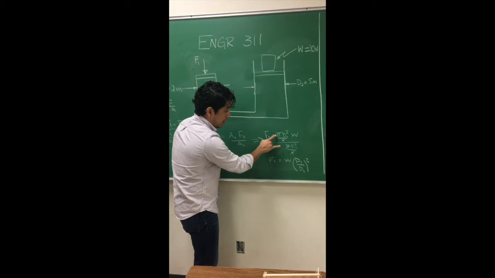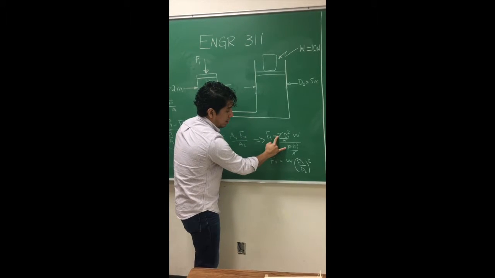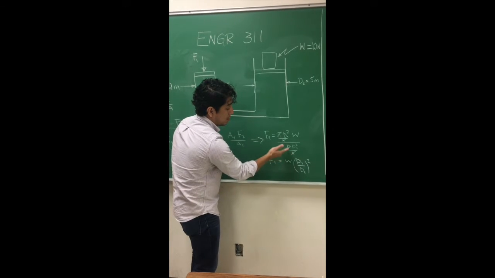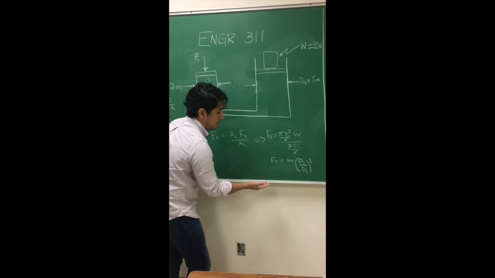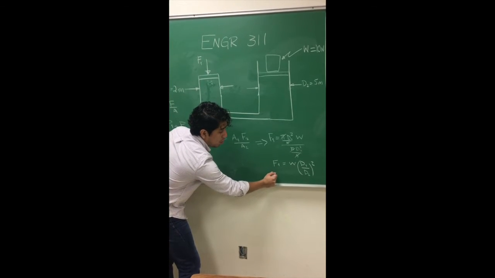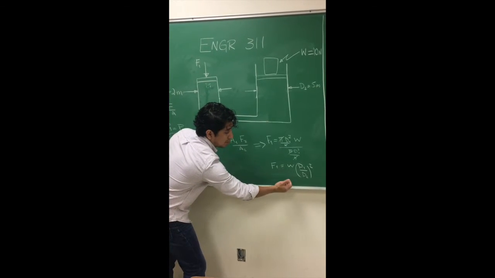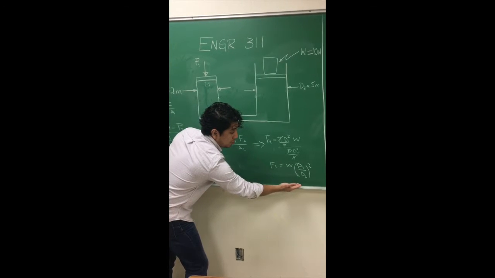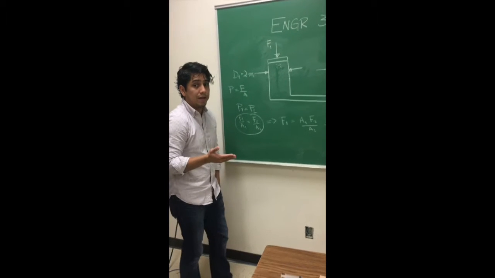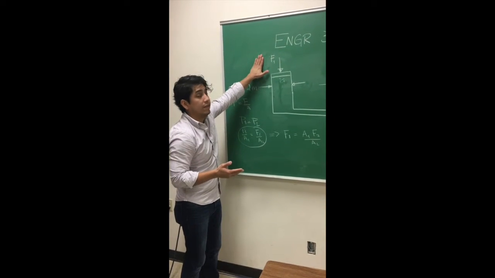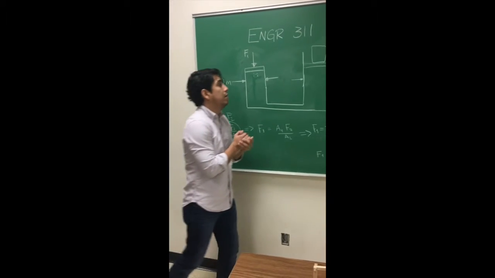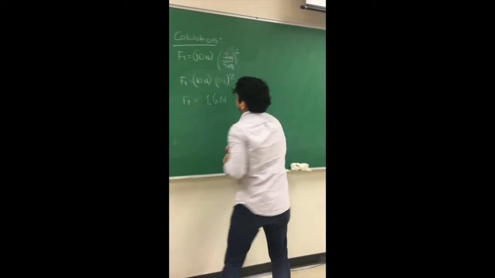Since we have pi in the numerator and pi in the denominator, and we also have 4 and 4, we can cancel those out, and we end up with this final equation: force 1 equals weight times (diameter 1 over diameter 2) squared. This equation is going to help us find the force on this piston to be able to lift up that container.